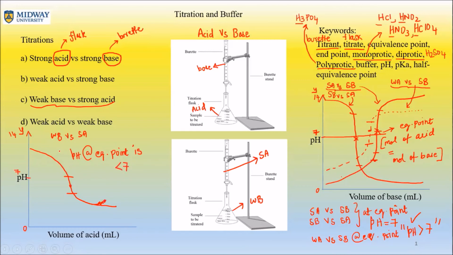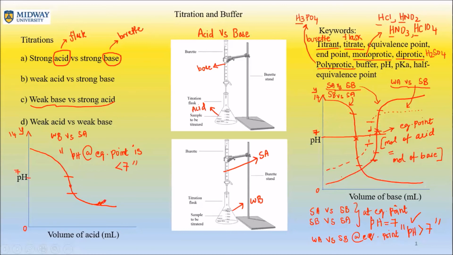This is a statement that you are making. So all I want you to know is if this flat portion is really, really sharp, like here, then you look at the direction, whether it's going from 0 towards 14 or coming from 14 towards 0, and that should tell you whether you're adding acid to a base or base to an acid. And the long flat portion tells you both components are strong.